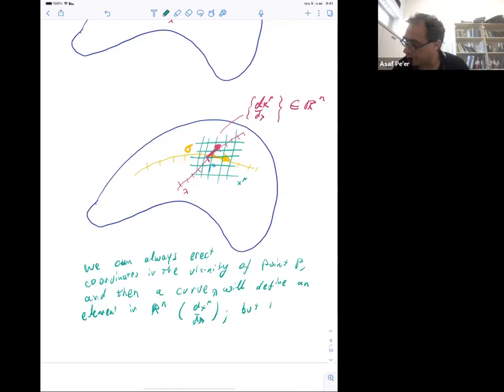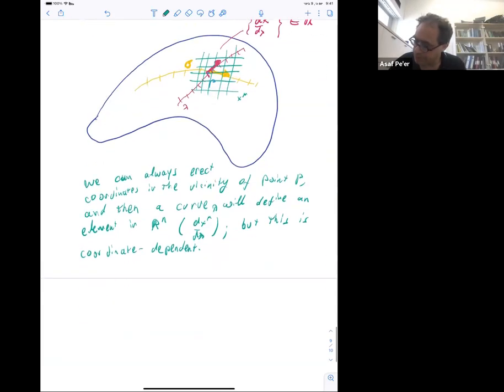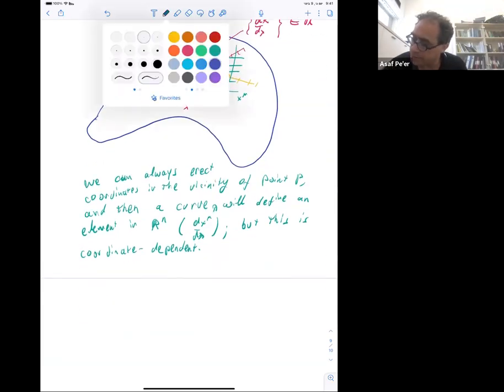But this is coordinate dependent. We want something that has nothing to do with coordinates. So that was coordinate dependent, and now a coordinate independent way.